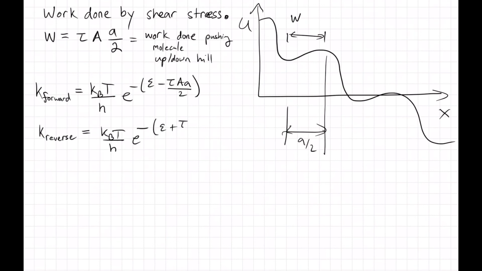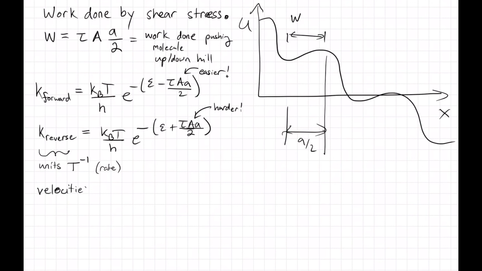Then basically all we need to do is modify the rate of hopping in the forward direction by subtracting from the energy barrier the amount of work being done, and then in the reverse direction adding the amount of work to make the energy barrier even higher. I'll remind you that because the forward term has the units of rate, the k's that are defined here both have units of rate.